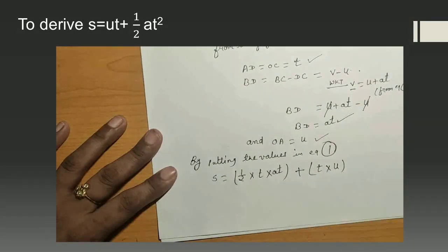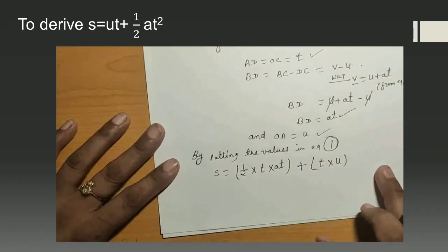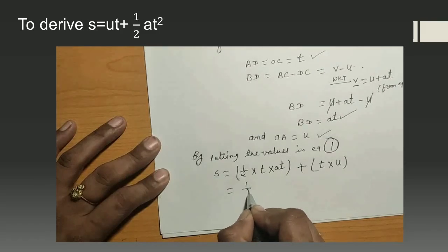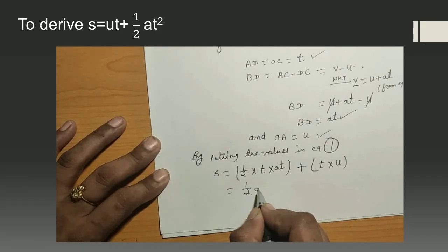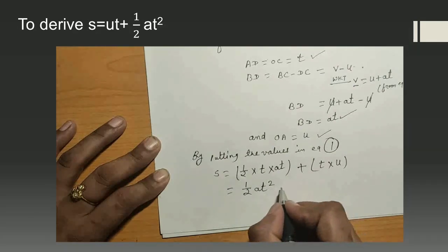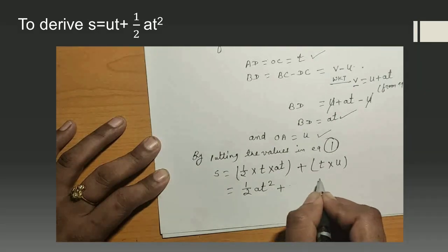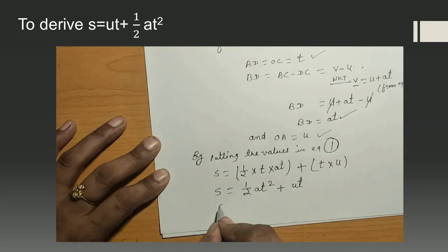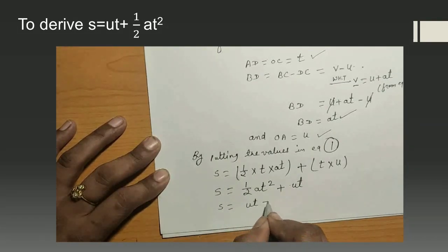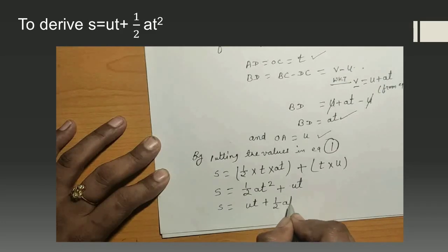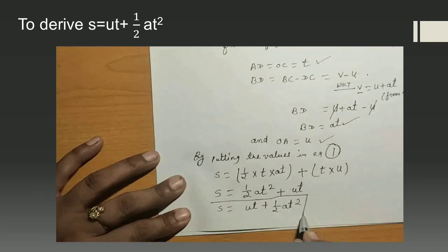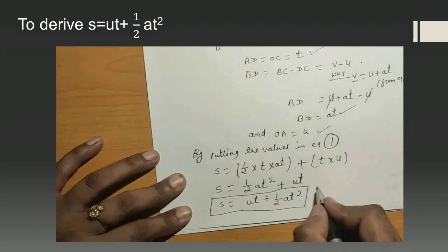From the figure also, you can see. Clear? So in that way, half, here it will come at square plus tu, or we can write ut. By arranging this, we can write ut plus half at square. This is the second equation of motion.